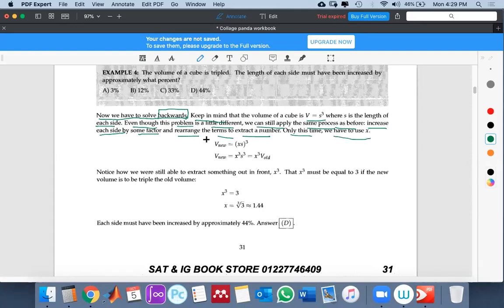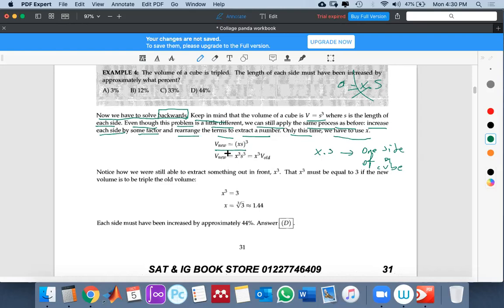What does it mean? It says that x times s is one side of a cube. Instead of s or instead of a, let us call it x times s. And then the original volume is length times length times length.